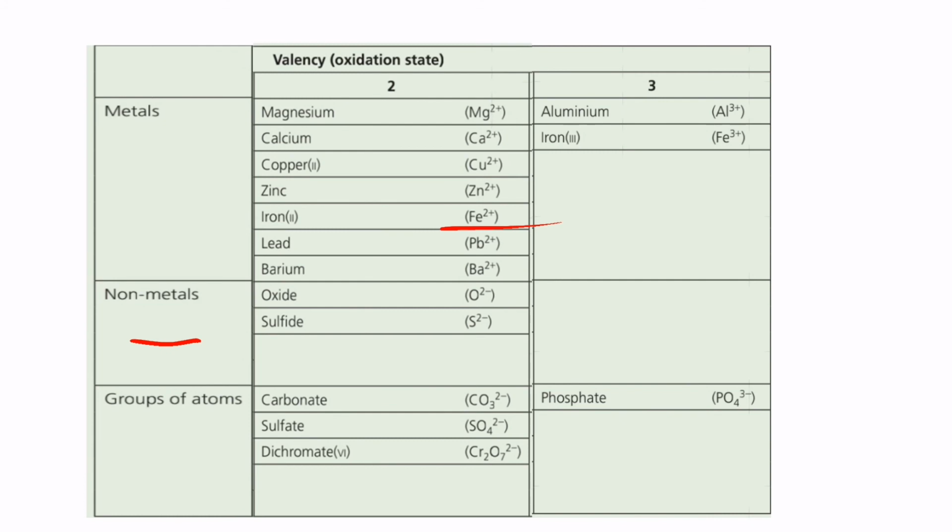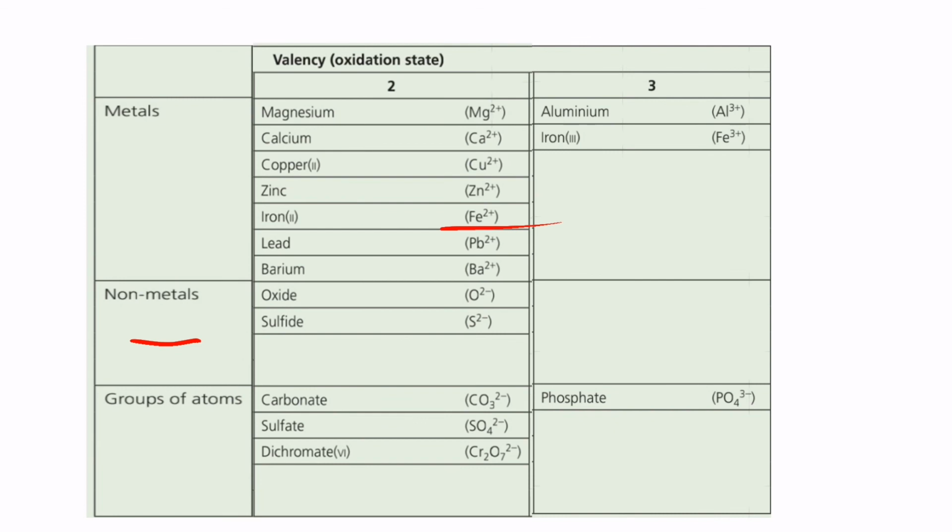These ones are negative: sulfide, carbonate, sulfate, dichromate. So I think maybe we should just remember carbonate and sulfate.